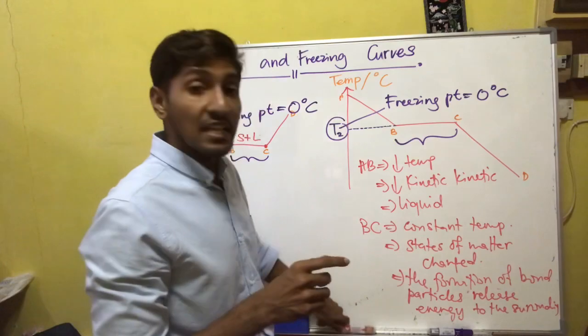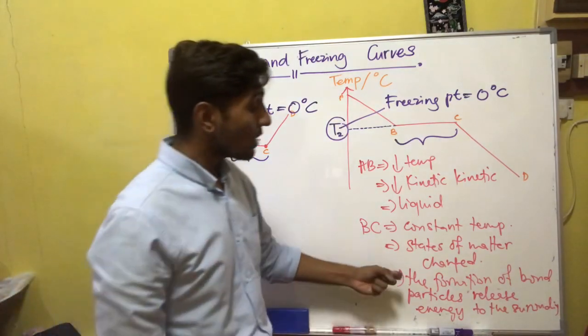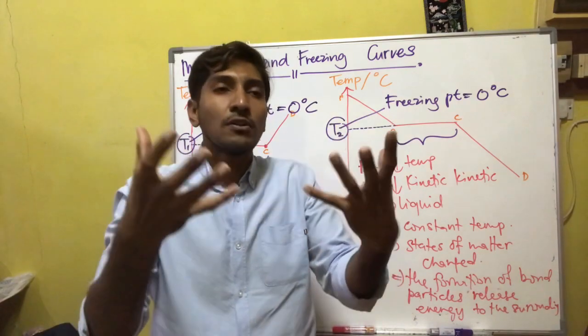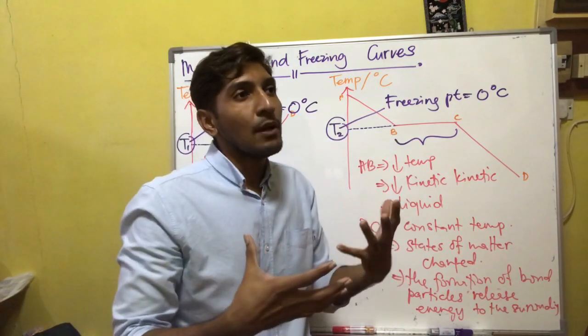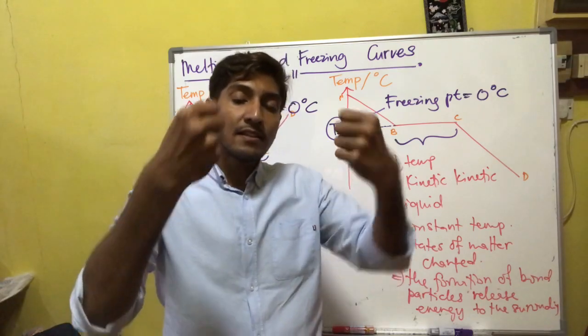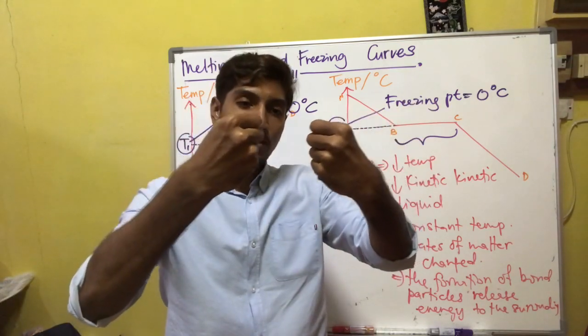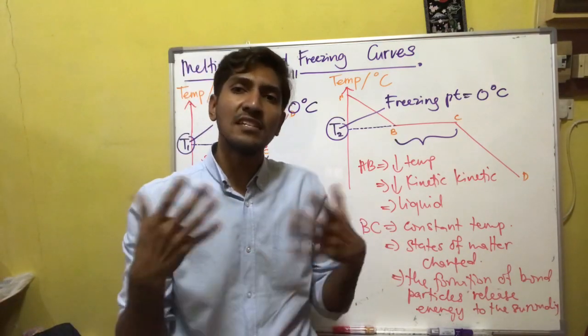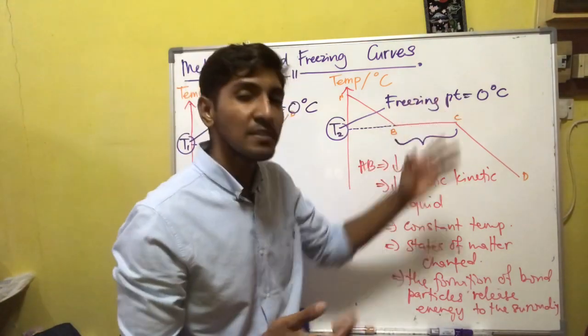And yeah, it's a bit confusing there. Why? Now we are saying that when the bond, or the interaction, is being formed, so when these particles are getting closer to each other, they release energy. So when they release energy, isn't it going to increase the temperature?